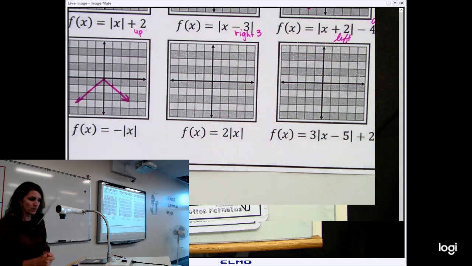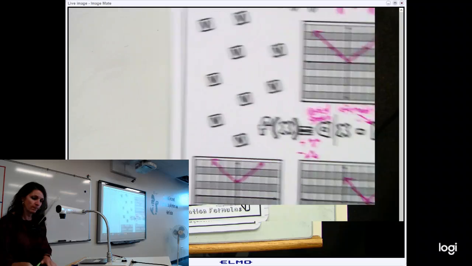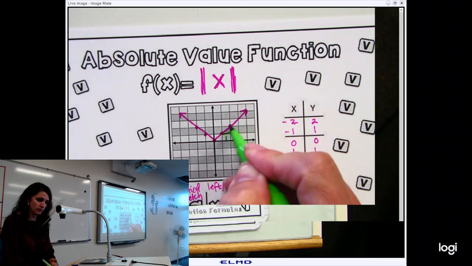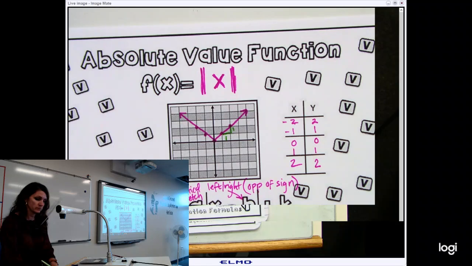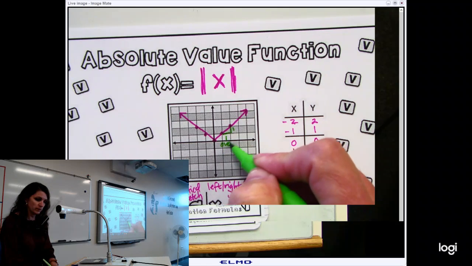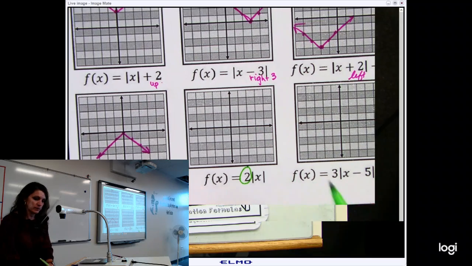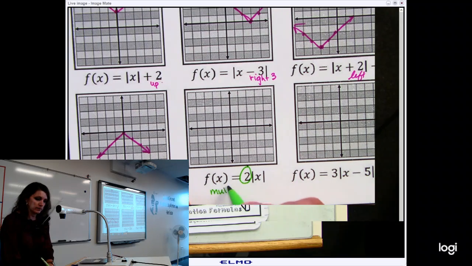Okay, I want to talk about something really quick before we talk about the 2 in front of the absolute value. In our parent function, our pattern was over 1, up 1, wasn't it? Over 1, up 1. What the 2 does here, multiply the up by 2.